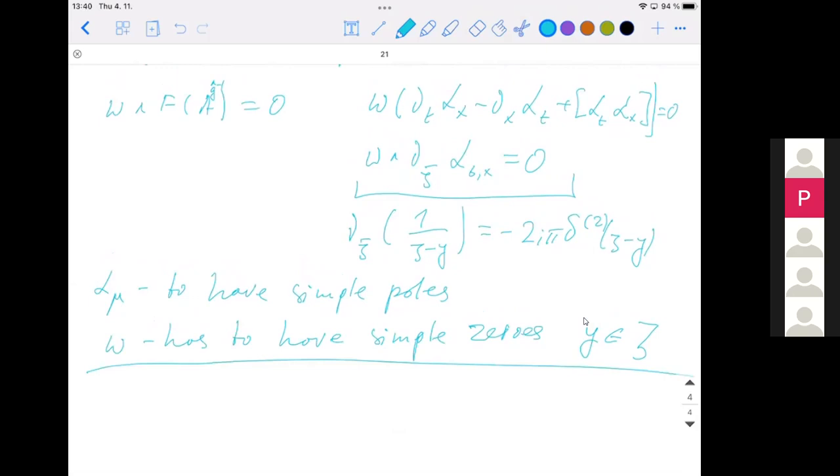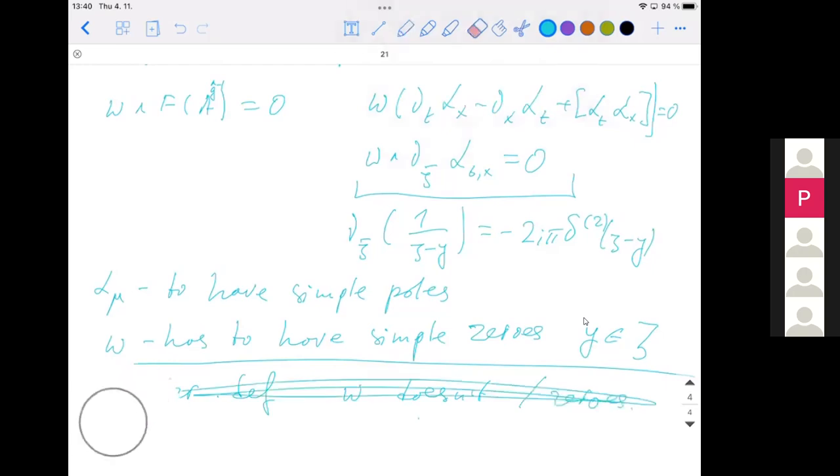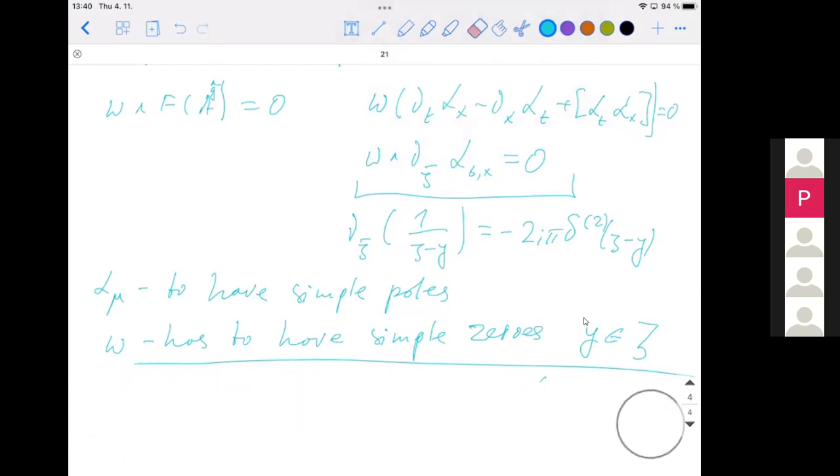There is also something called an order defect, which is when omega does not have zeros. We will not talk about this, just disorder defects, where omega is in rational form.